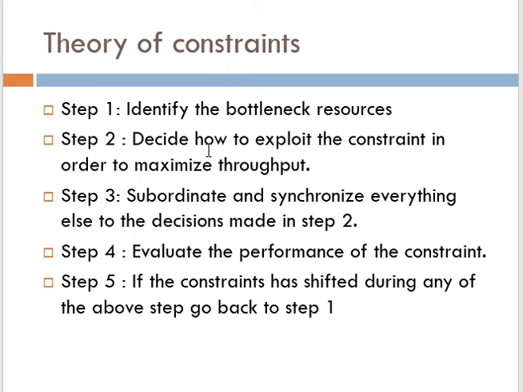Why the theory of constraints is implemented is, as we know, throughput is a technique used in factories to ensure that when there is something limiting production, we prioritize the products that are going to make the greatest contribution.